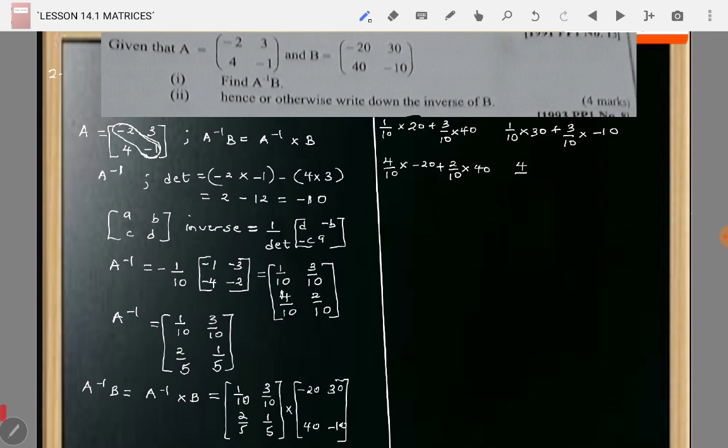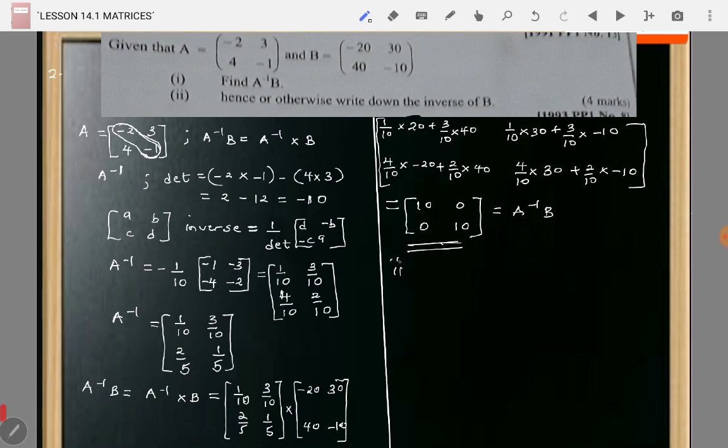The other side, 4 over 10 times 30 plus 2 over 10 times minus 10. This will be equal to [10, 0; 0, 10]. This is the value of A inverse B. That is the answer for part 1.